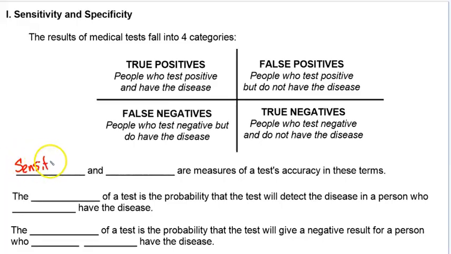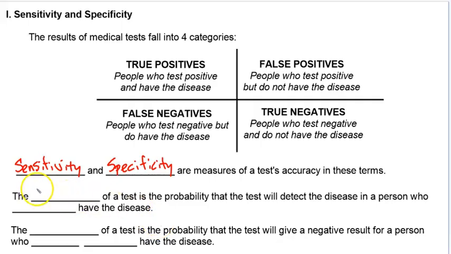So let's do some definition work here. Sensitivity and specificity are measures of a test's accuracy in terms of identifying true positives, true negatives, and false positives.